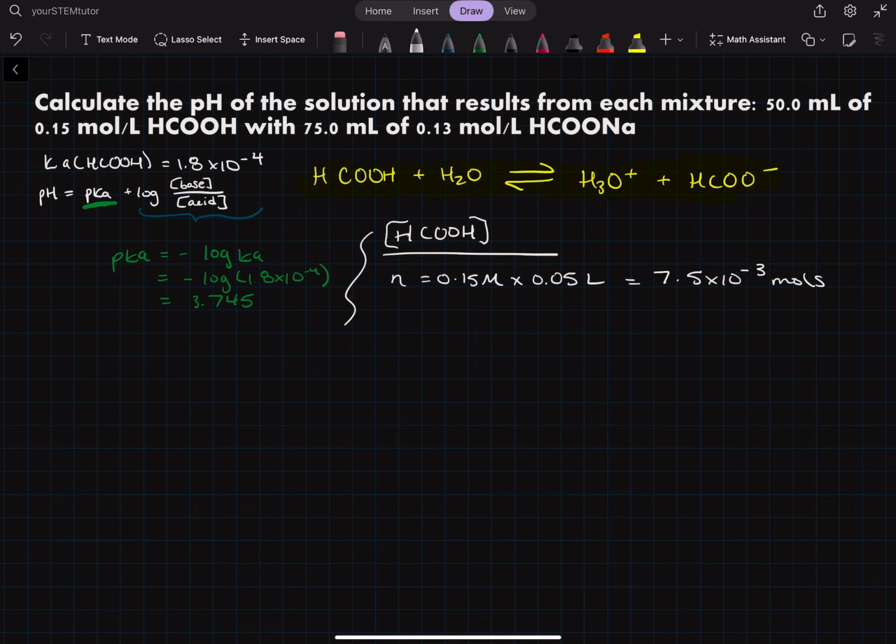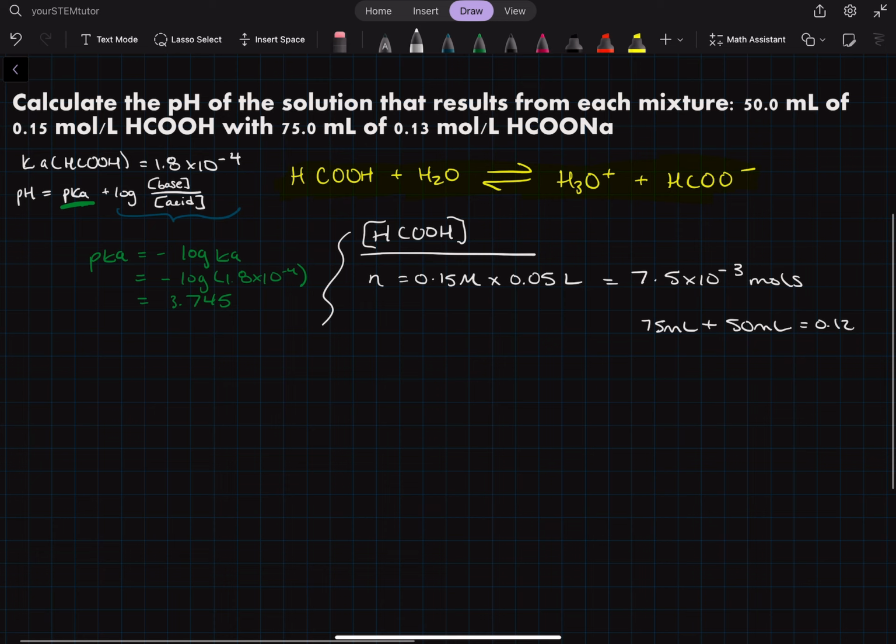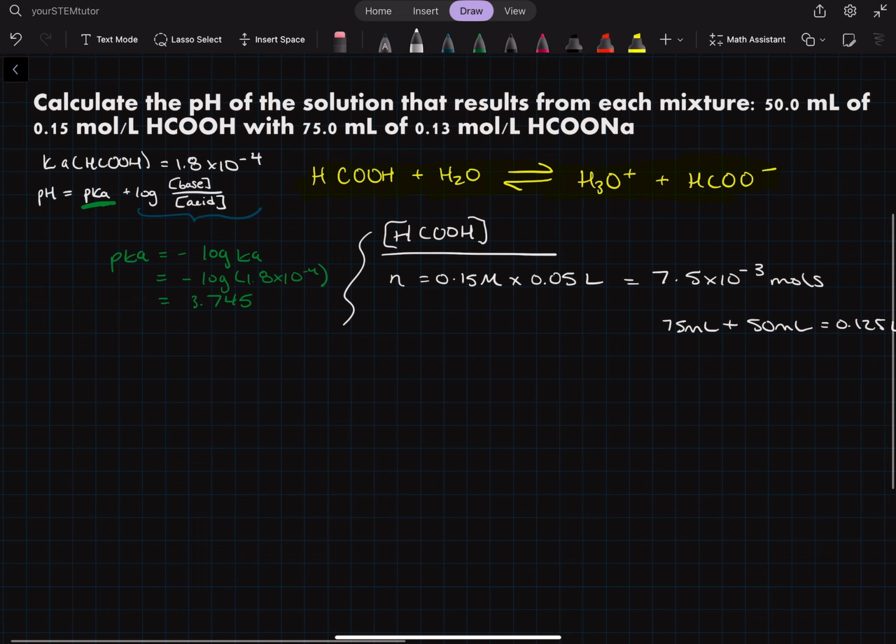But we want its concentration, so we'll have to divide by the amount of liquid now. Our new amount of liquid is going to be the 75 milliliters plus our 50 milliliters, which gives 0.125 liters. I just translated it into liters because it'll be a lot easier to find the concentration.